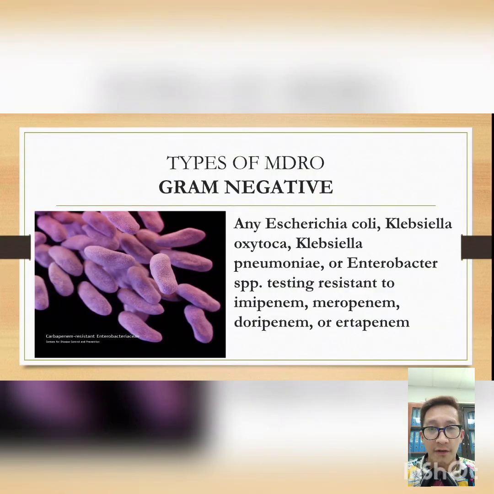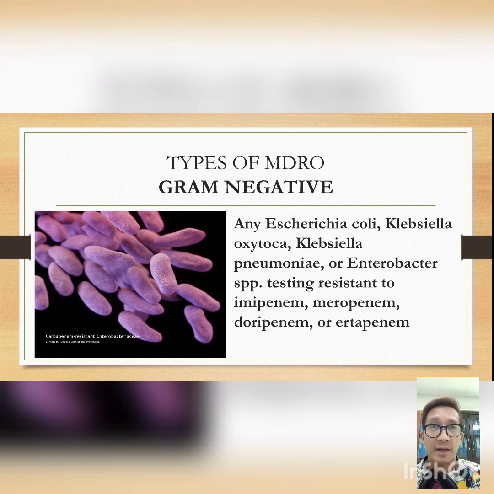The other type of your MDRO is your gram-negative MDRO. The first gram-negative MDRO is your CRE, or your carbapenem-resistant Enterobacteriaceae. Okay? It's CRE.